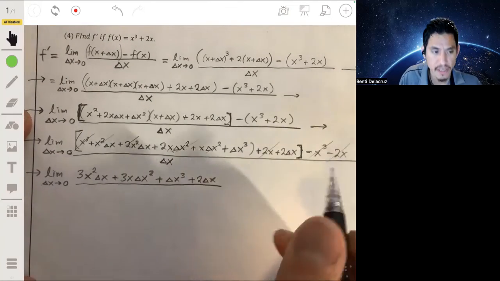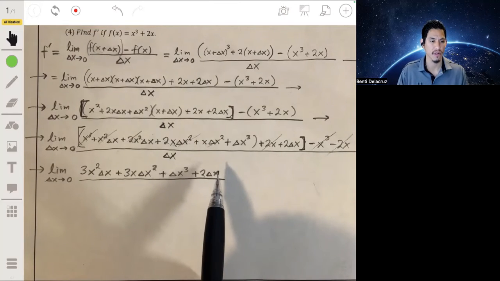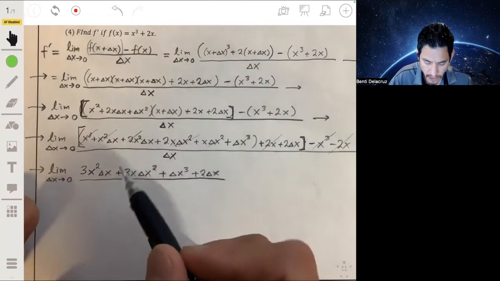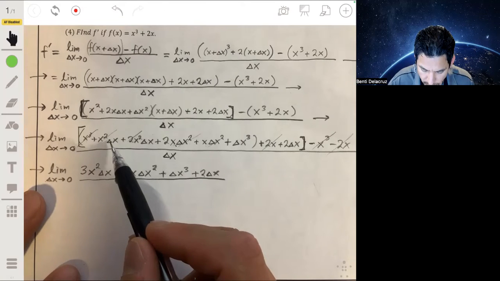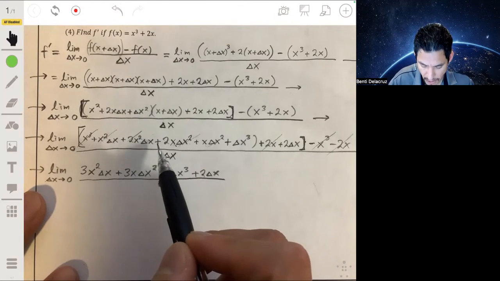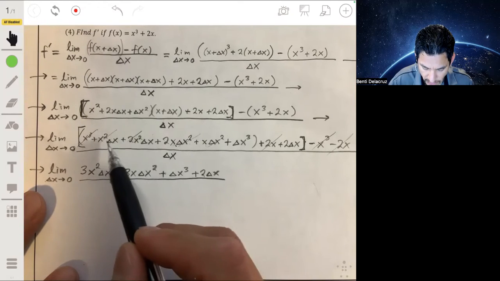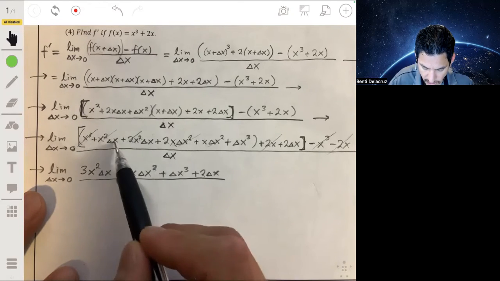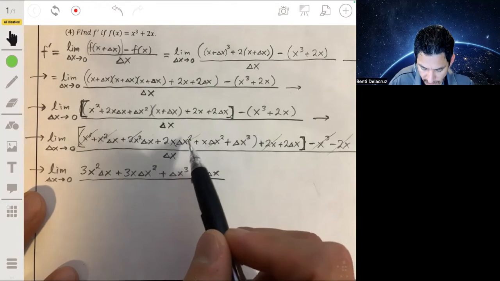Now, again, think of the delta x just like a variable. Think of it as like a y or a w. Then it won't be too confusing, because you remember, just like with like terms, you can't combine like terms unless the term is being raised to the same power. So here and here, it's just like a delta x and a delta x. You can combine those because you have an x squared and delta x, delta x. See here, it's like a delta x squared. So think of it as like a y squared.